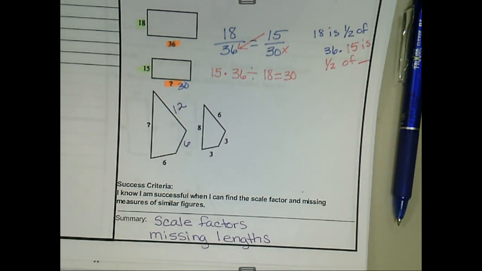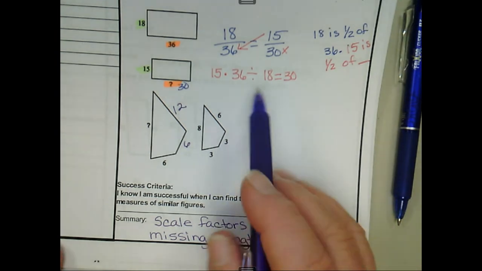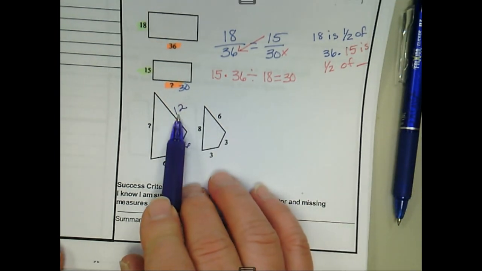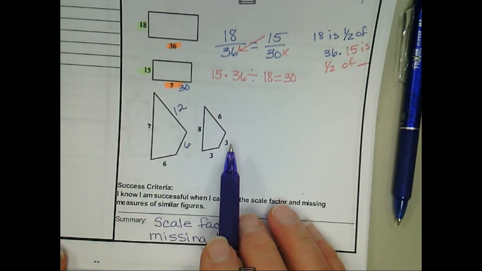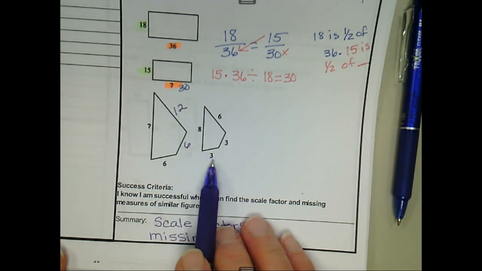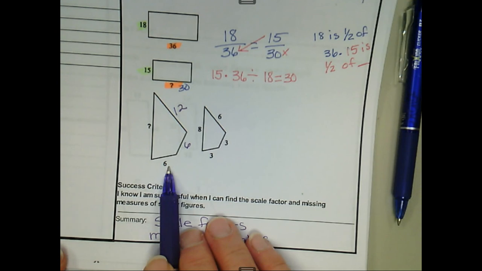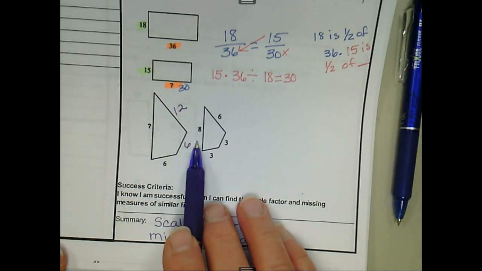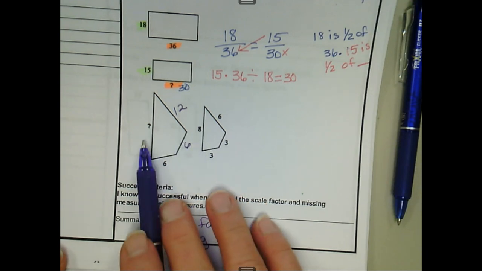Okay, now I'm going to look again. If this one's 6 and this one's 12, I've multiplied by 2. If this one's 3 and this one's 6, I've multiplied by 2. How will I go from 8 to this number here?